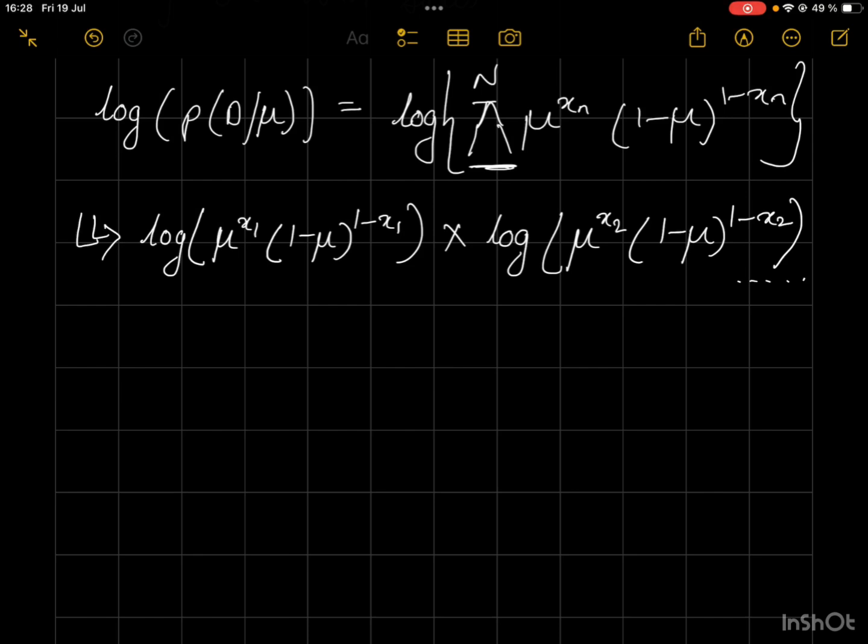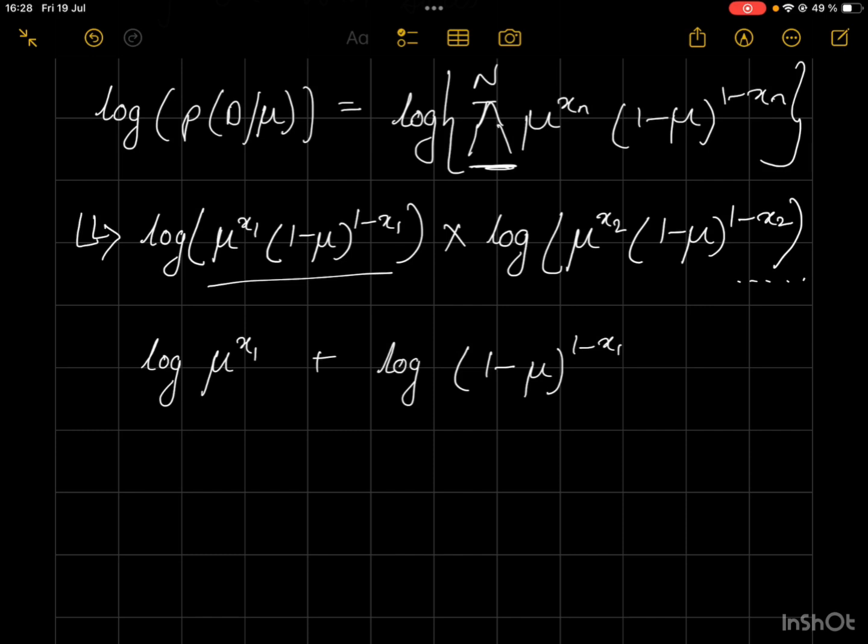If we break down this term, this is going to be the log of mu to the x of 1 plus log of 1 minus mu to the 1 minus x of 1, right?